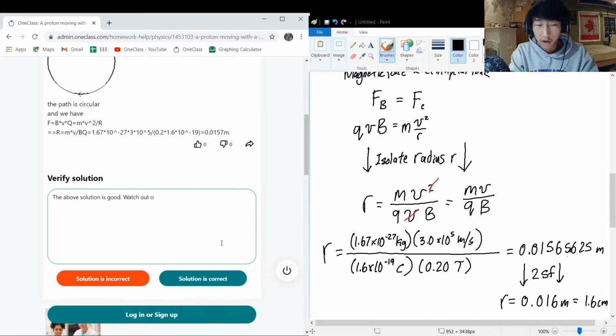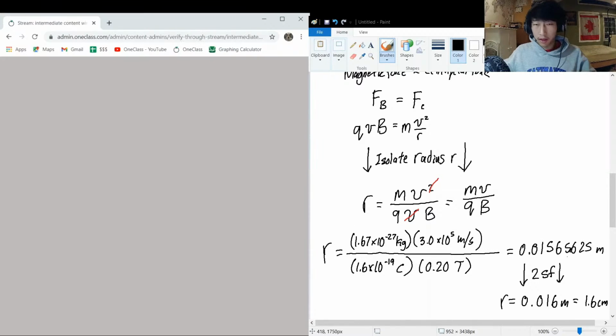Watch out for sig figs, and mention of how charged particles moving in magnetic fields follow circular paths, and that centripetal force equals magnetic force would be good. Cool, that was fun.